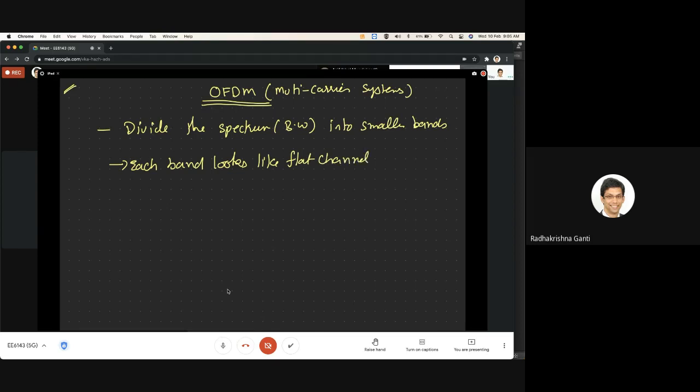Suppose you have a spectrum like this. This is your channel frequency response, H(f), in the frequency domain. Of course, this is frequency selective. You can see that there are dips somewhere and highs somewhere. But now suppose you divide this into very, very small chunks, and you go on dividing like this.